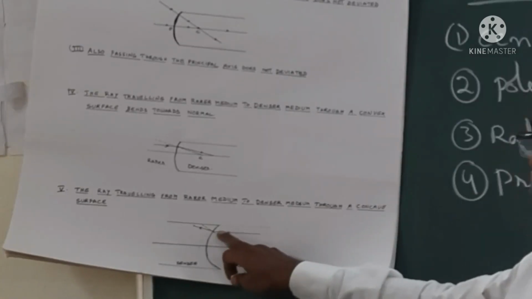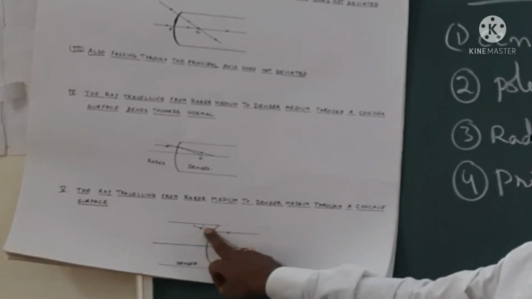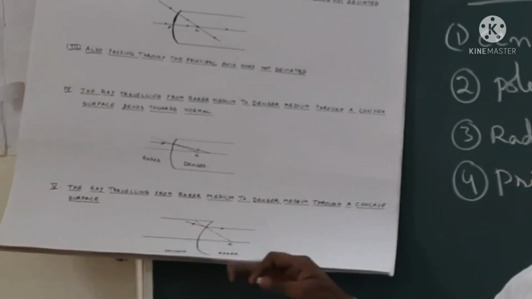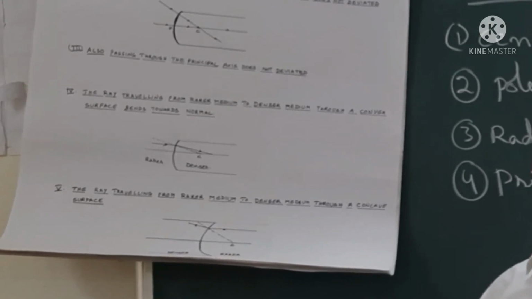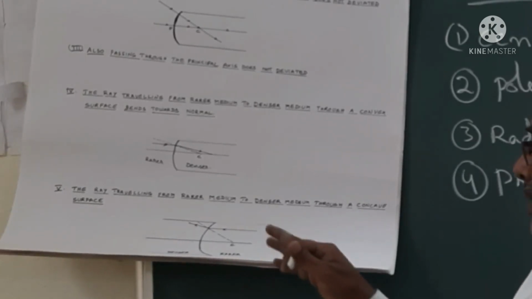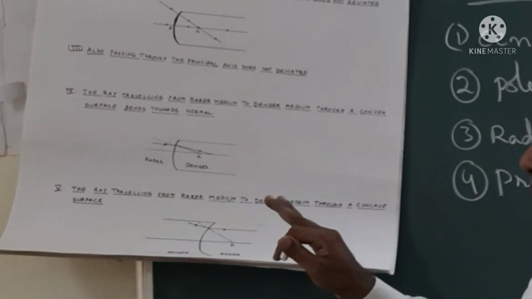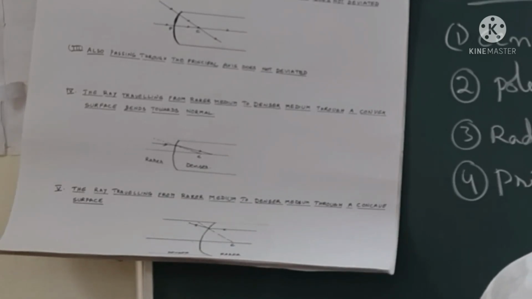In the case of concave lens or concave surface, it bends towards normal here in this case. So in the case of convex surface or concave surface, when the light ray travels from rarer medium to denser medium, it always bends towards normal.